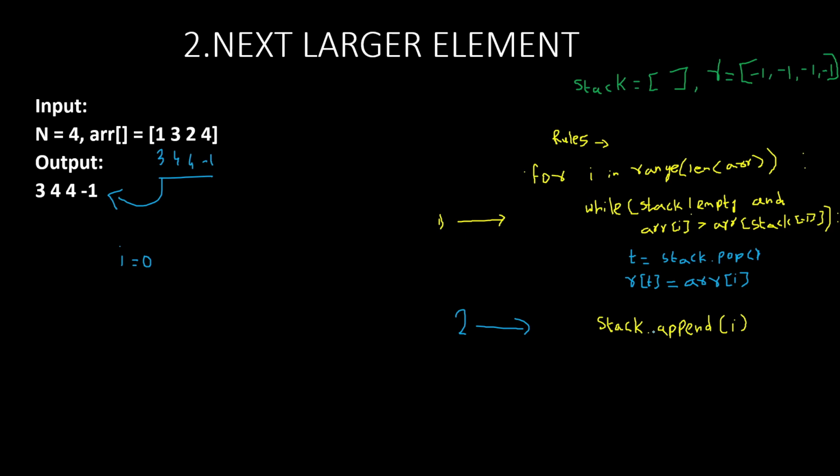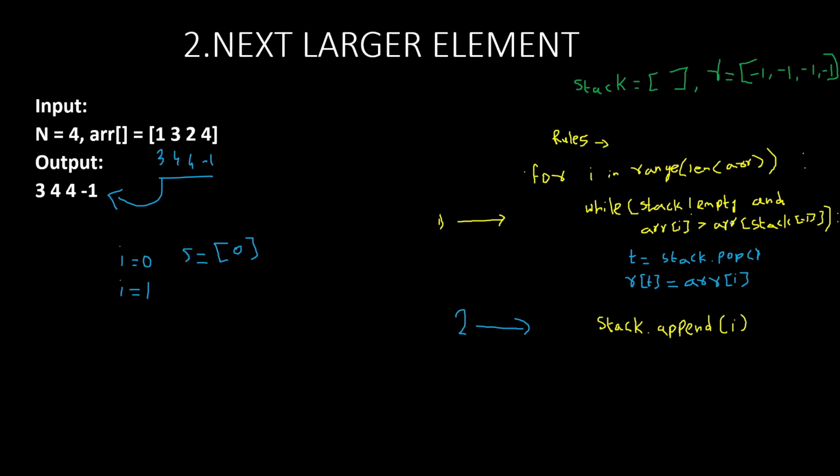Now moving towards the second statement, stack.append(i). This i is the index value, as you can see in the for loop, and we are going to use that inside the stack. So after i equal to 0, our new stack will hold the index position, which is 0 here.